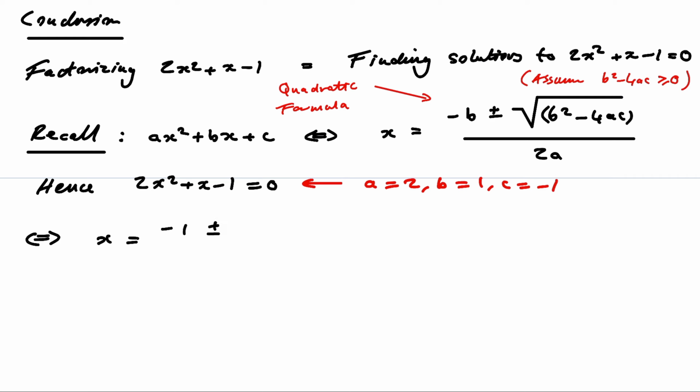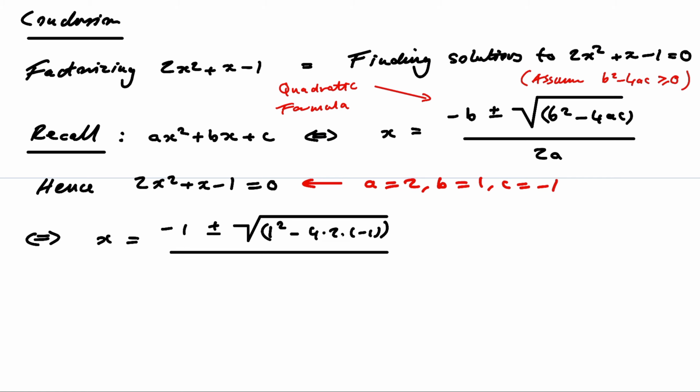Minus 1 plus minus the square root of what? b squared, 1 squared, minus 4 times 2 times minus 1, all of that inside there, divided by 2a, which is 2 times 2. So now we've got to do some algebra with radicals. So this is equal to minus 1 plus minus, 1 squared minus minus 8, it would be the square root of 9.